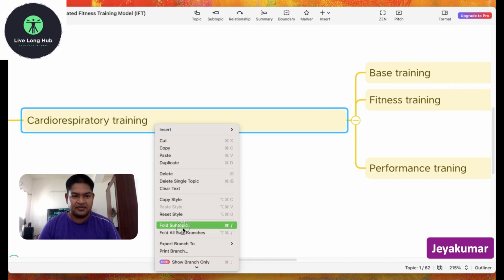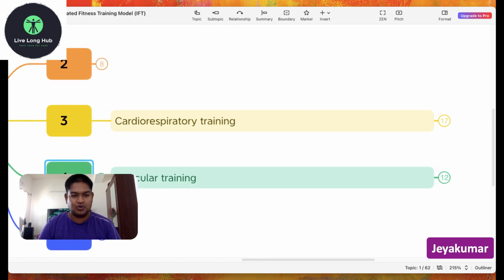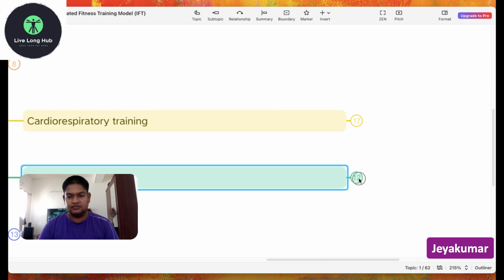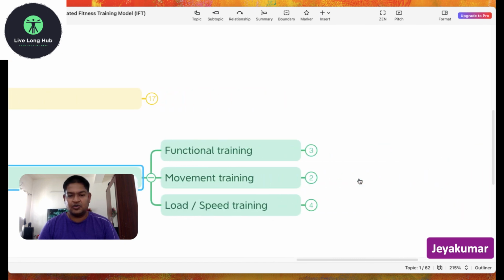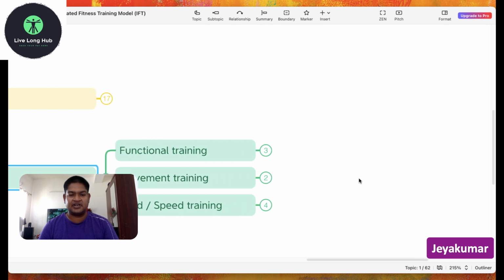So we have seen the cardiorespiratory training. Now we will move to muscular training. Like the 3 levels in cardiorespiratory training, here also we have 3 levels of training. It starts with functional training, then movement training, and then third is load speed training.